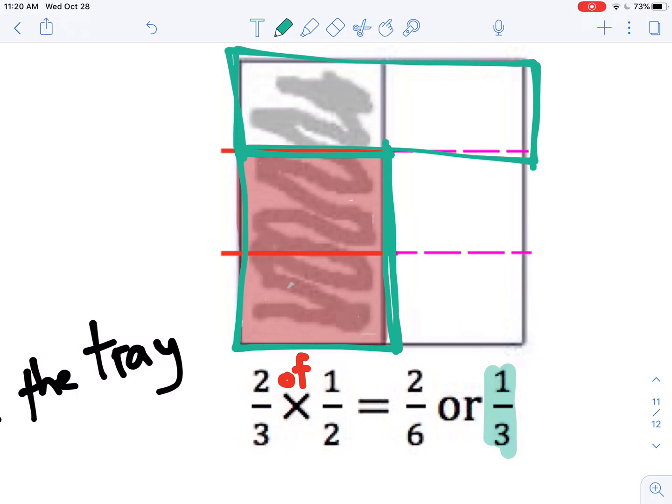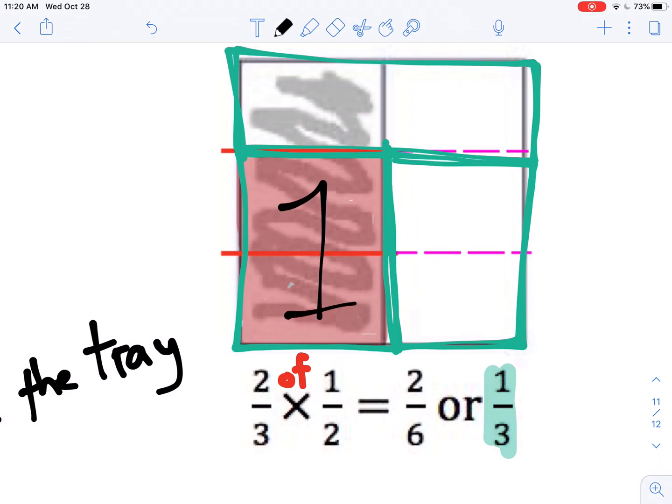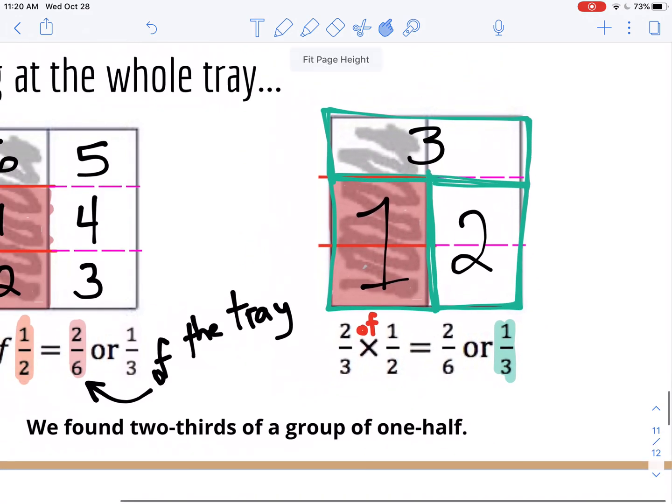There's 2. Here's 3, and I'll number those so you can see them. He ate this 1 part out of 3 equal parts. So you can say he either ate 2/6 of the tray or he ate 1/3 of the tray.